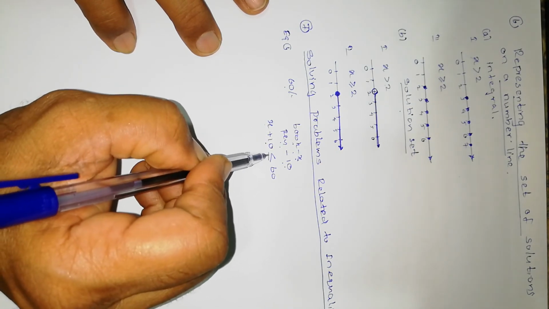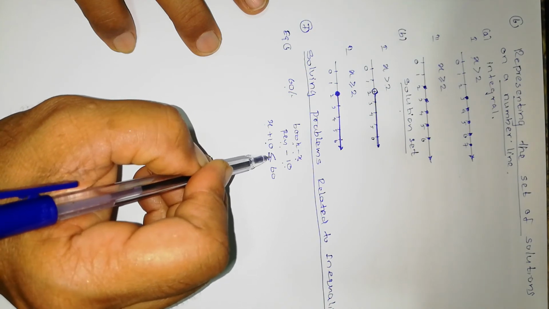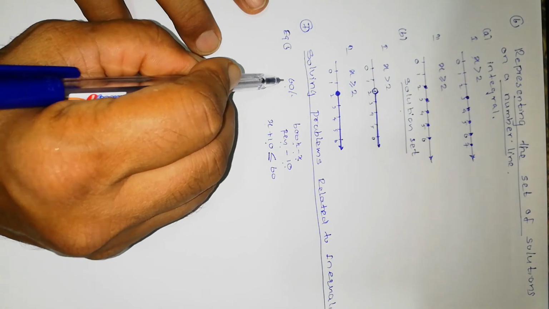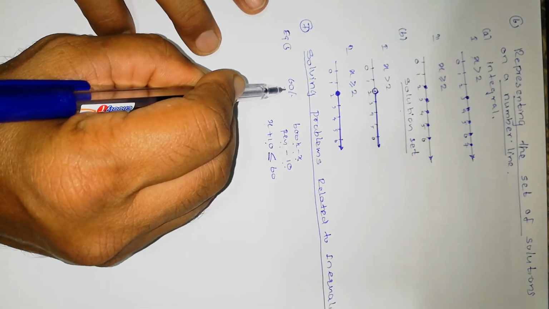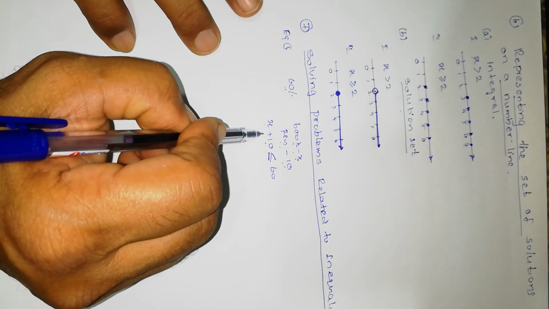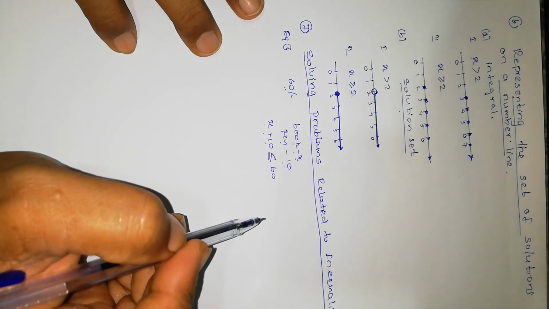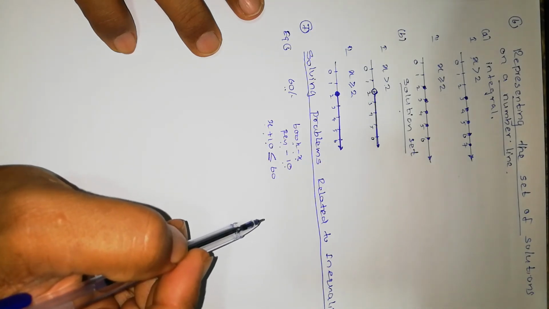Enough to buy means it should be greater than or equal to the sum of these two amounts. Then solve this inequality and determine the maximum price that the book could be.